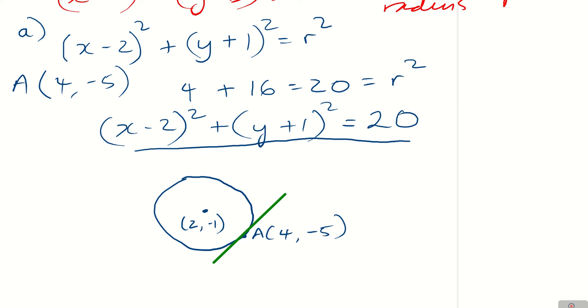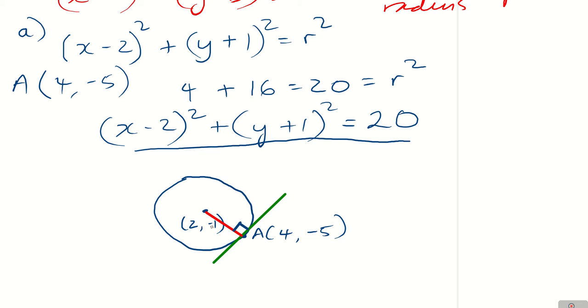Okay, haven't drawn it great. But the important point to realise is that the tangent at the point A is perpendicular, and again my drawing's terrible, but should be perpendicular to the radius.